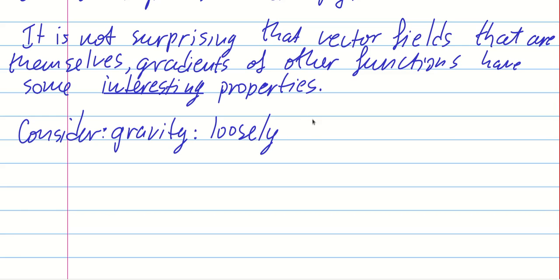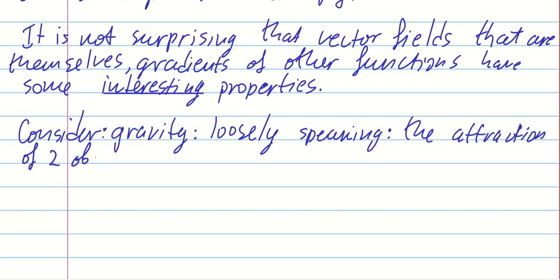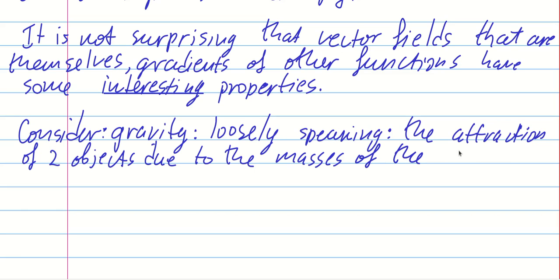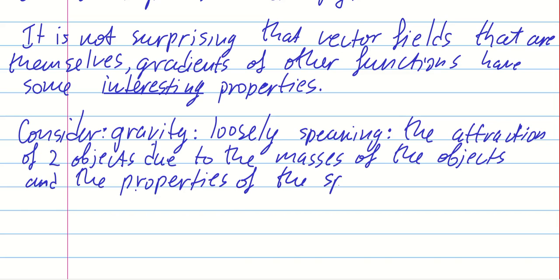If we relax how we speak about it, loosely speaking, the attraction of two objects is due to the masses of the objects and the properties of the space in which the objects are embedded.